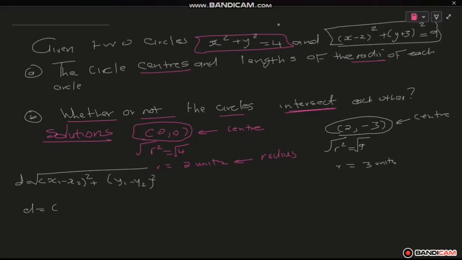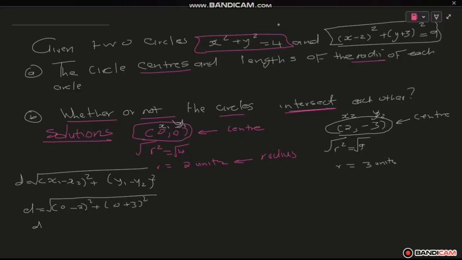Let us say this is (x1, y1) and this is (x2, y2). Therefore, x1 is 0 minus x2, which is 2, squared, plus y1, which is 0 minus negative 3, which will give us positive 3.